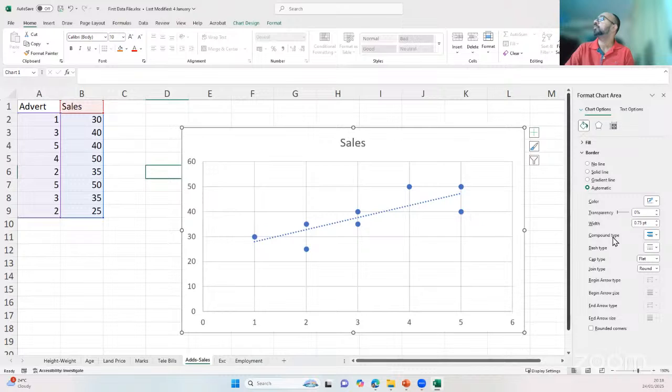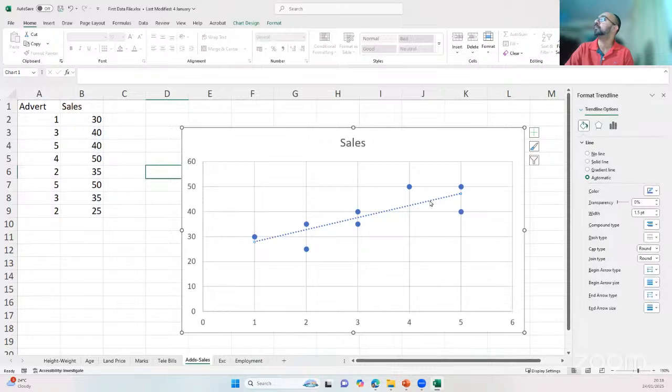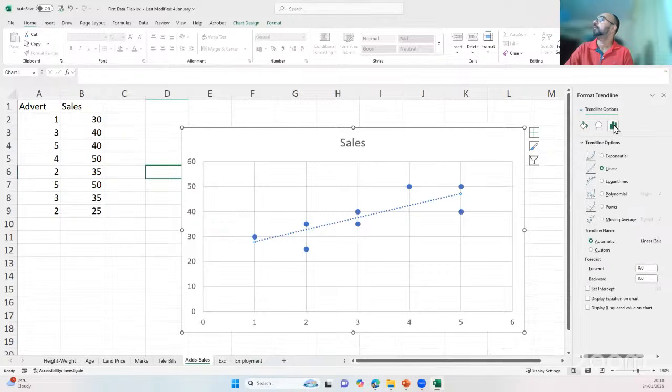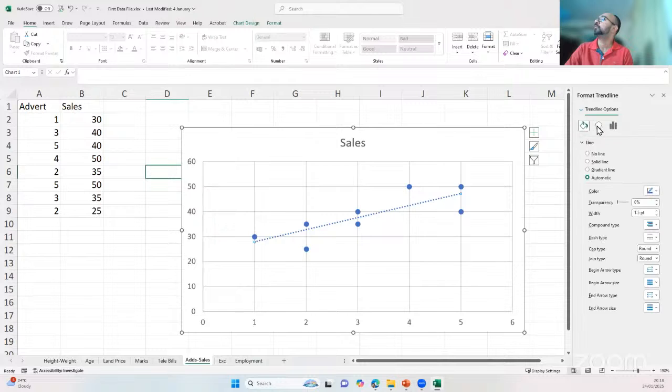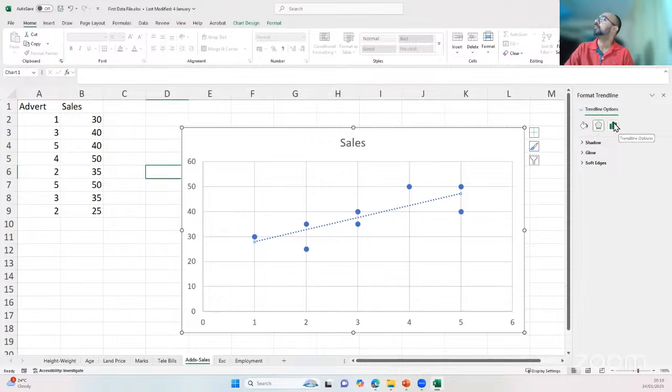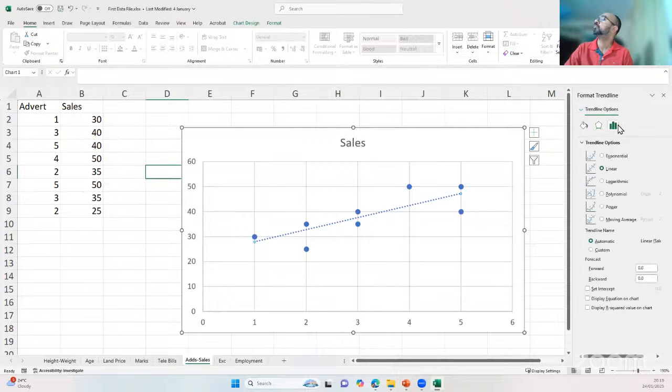If you click here again on this line, you will see the options for the line. Various options, formatting options, say color option. Then here again, if you go to the trend line option, that is the calculation of the line option.